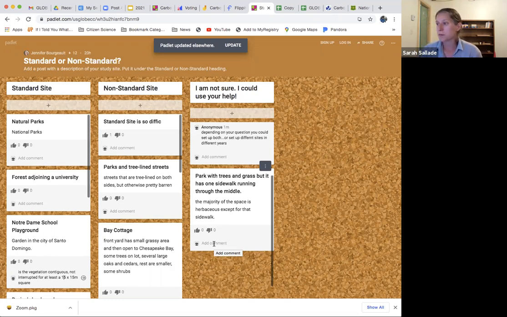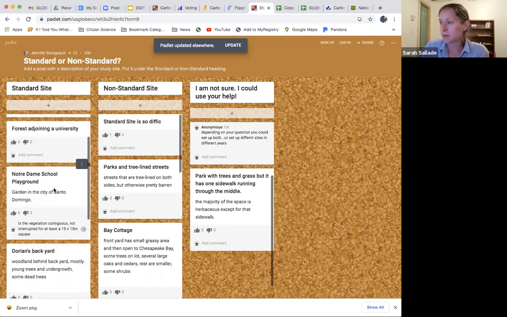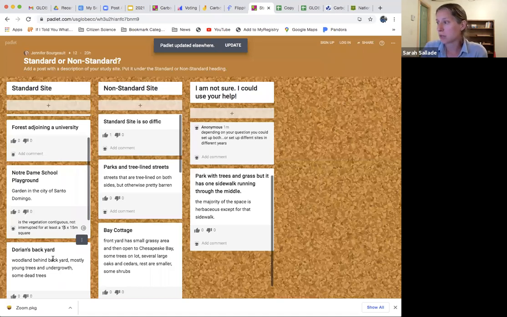Okay, so it looks like some people have standard sites that are very, very standard, I would say. A national park plot, a forest adjoining a university, someone's backyard that's a complete woodlot.